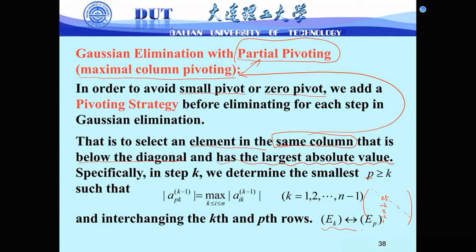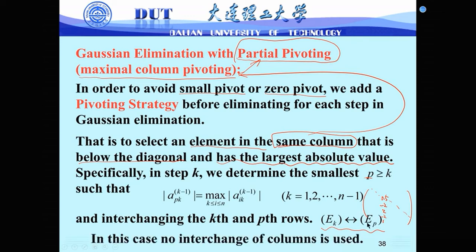We use this symbol to denote that we interchange the k-th row with the p-th row. Now in this case, no interchange of columns is used. So that means we only interchange rows. We don't interchange columns. Is it okay for you?